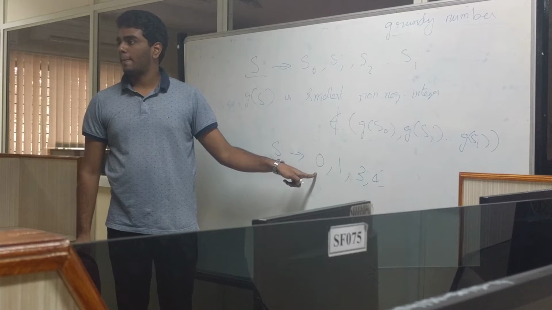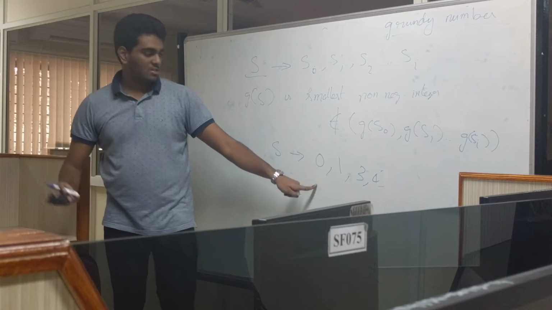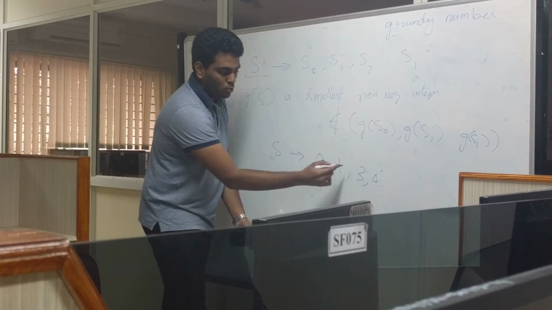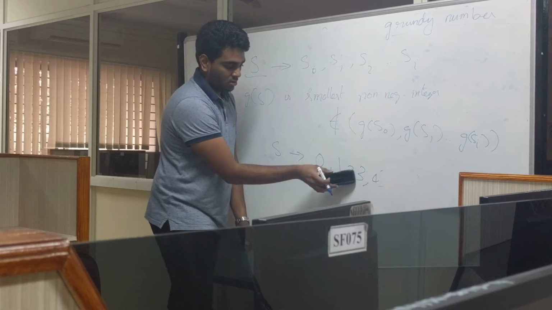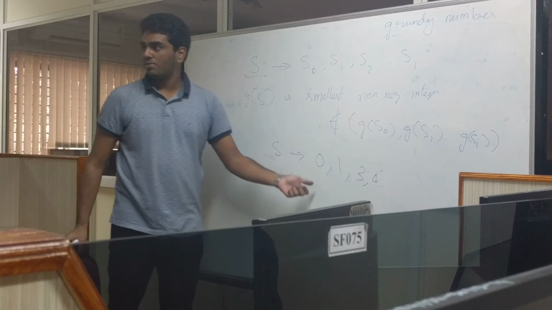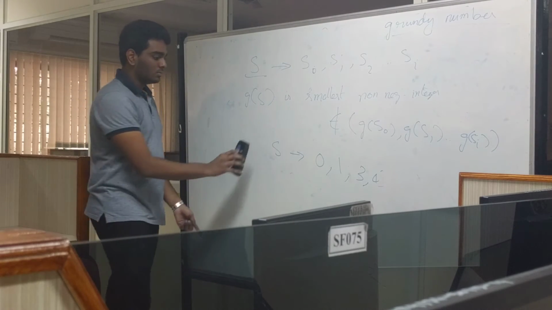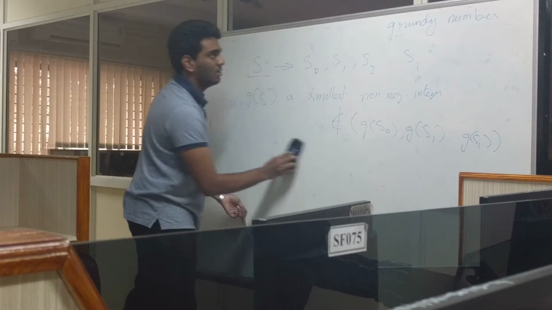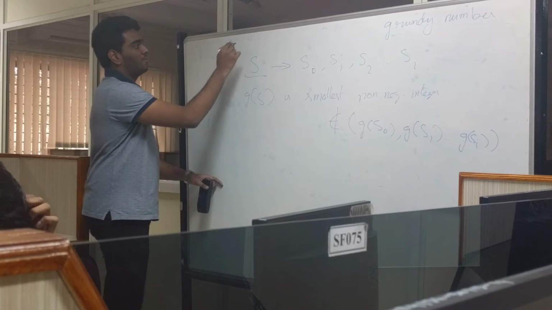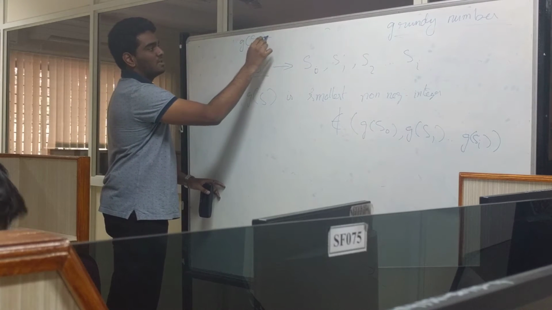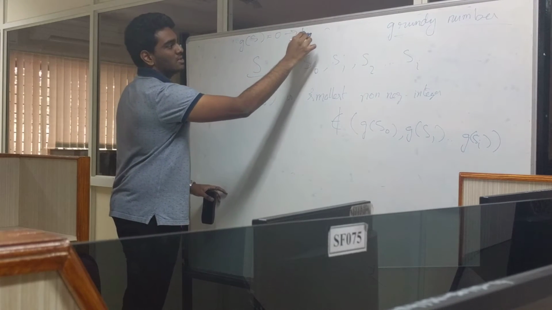Are you following? The smallest non-negative integer. So 2 is missing here. So G of S is 2. In general, if G of S is 0, it's a losing state.